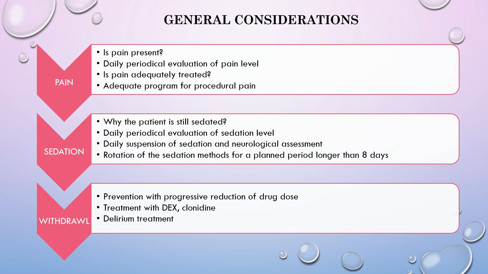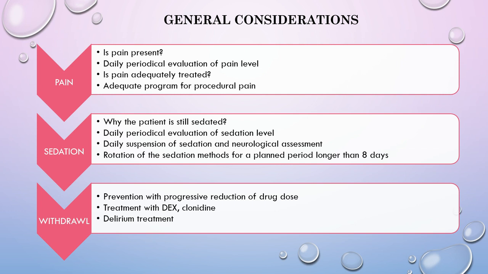And we need to have a daily progressive suspension strategy, a progressive reduction of the drug dose, to evaluate our patient for weaning. We also need to have a rotation strategy of different drugs if we think we are in front of patients that need an analgo-sedation period longer than 8 days.